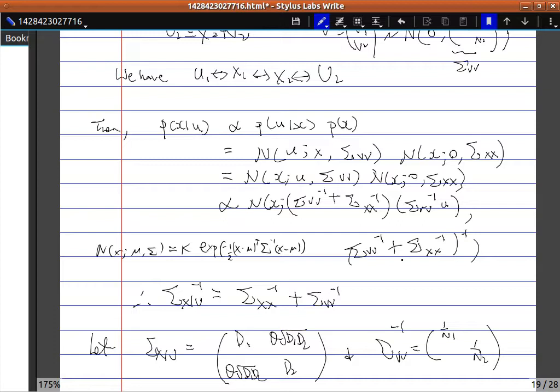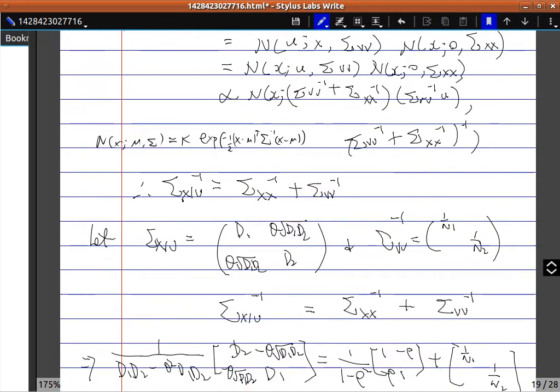And if you think of the precision matrix, then this is very intuitive and reasonable, because we are essentially saying that if you have two observations, then the precision matrix of the final observation, taking account of both observations, will be the precision matrix of one observation plus the precision matrix of the other observation. A larger precision matrix just means that you are able to get a better estimation. Therefore, this is very reasonable.